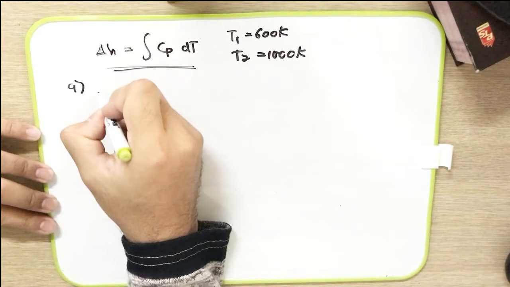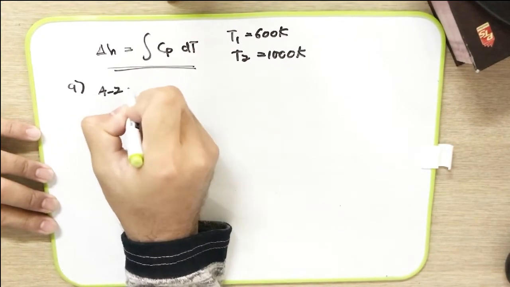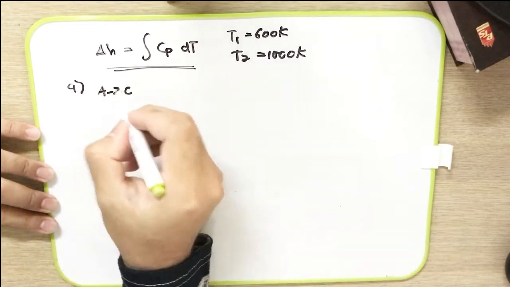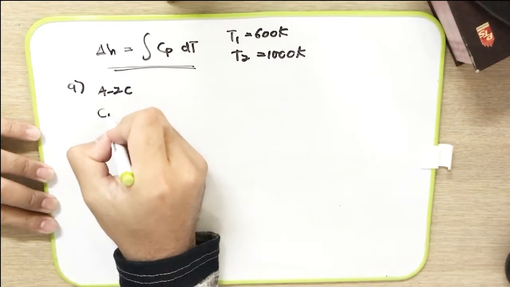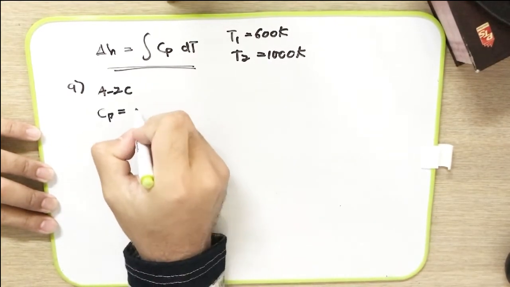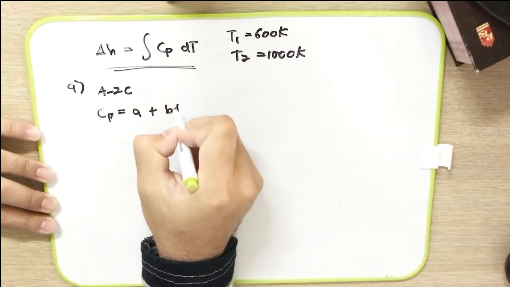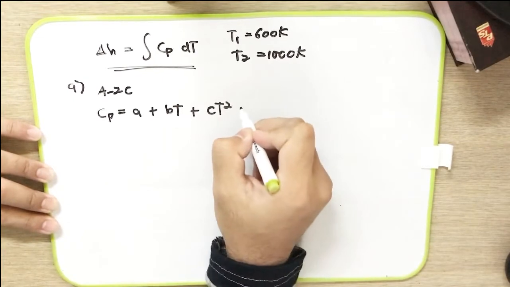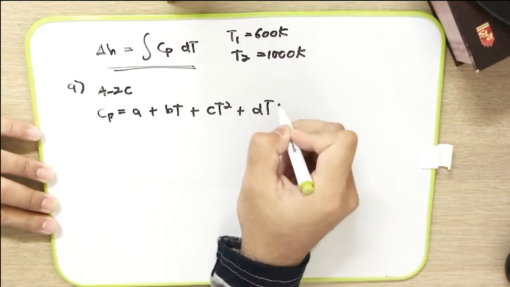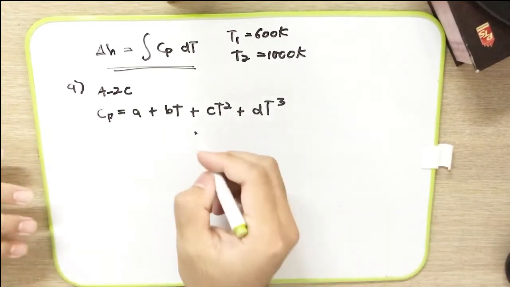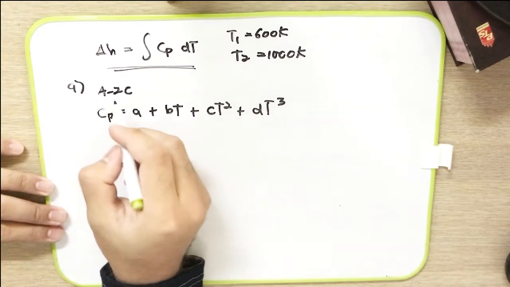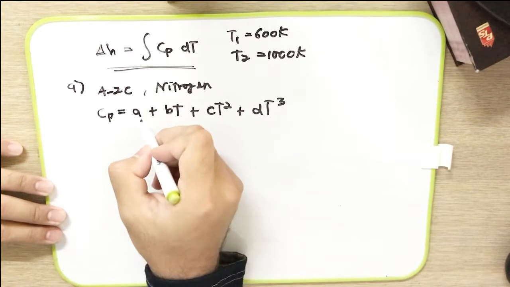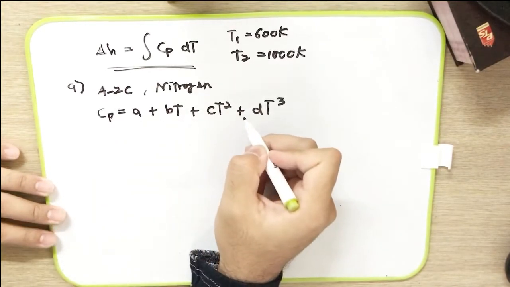We have to look at table A-2C, in which we find that CP is equal to A plus BT plus CT to the power of 2 plus DT to the power of 3. So we need to use this equation. From table A-2C, refer at nitrogen and we find all the A, B, C and D constants.